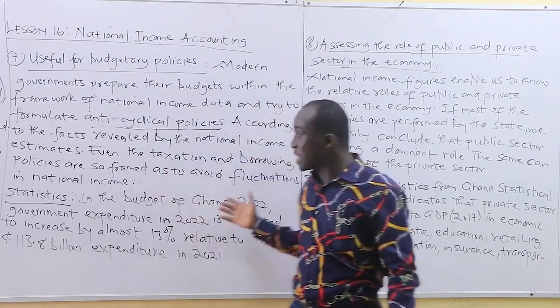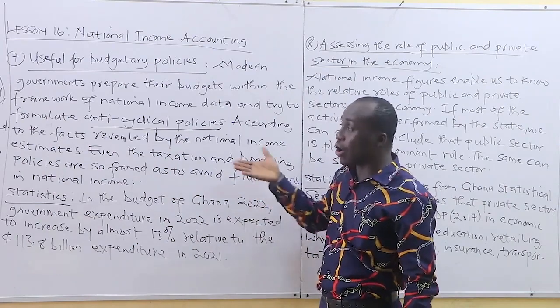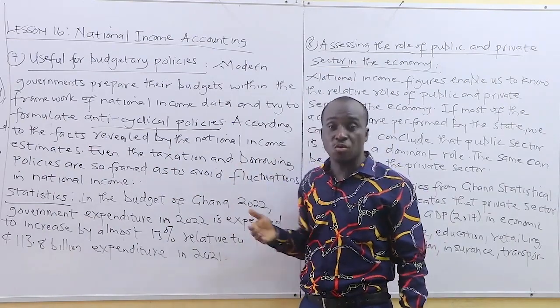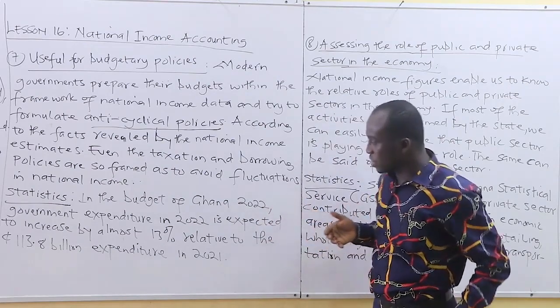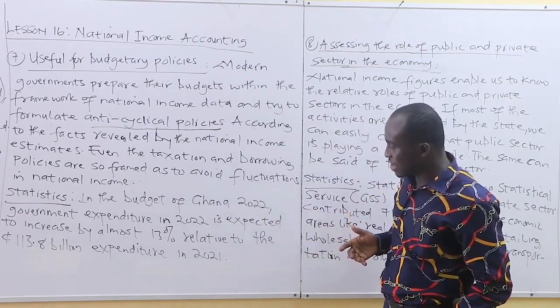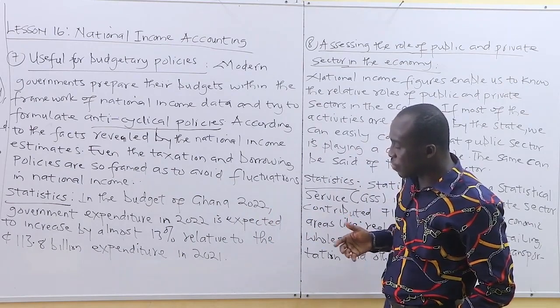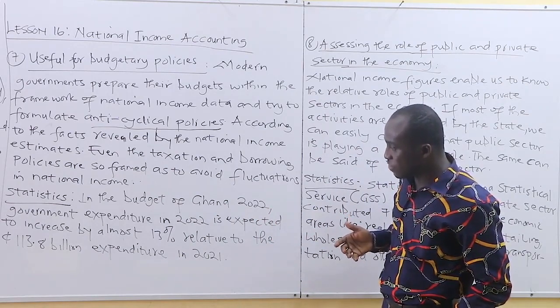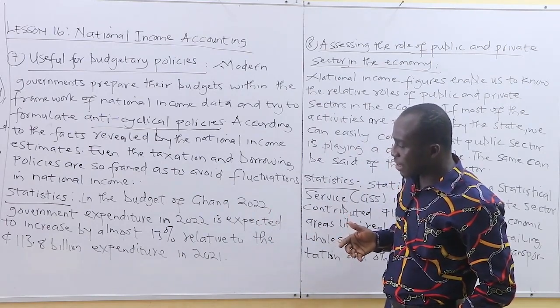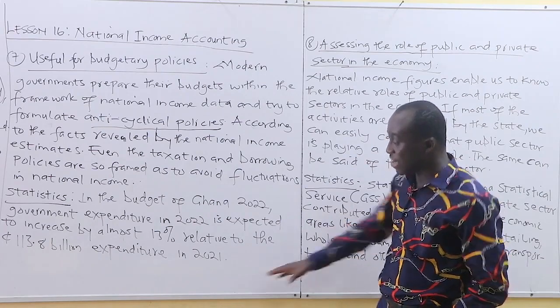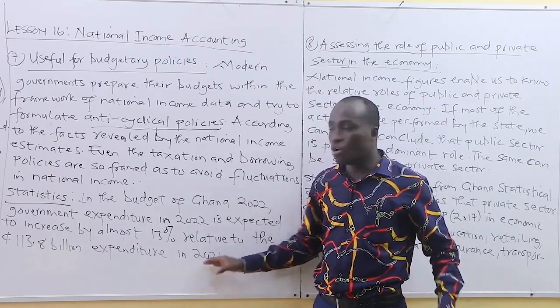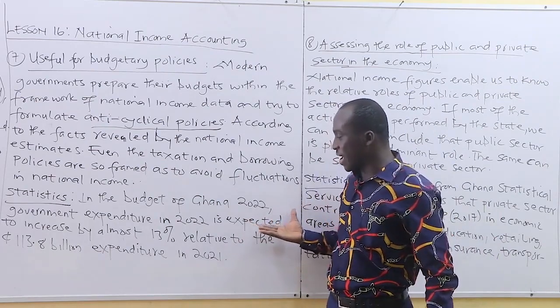So before government can do any of these things, it takes all these things into cognizance, or into consideration. Look at the statistics, for example, in the budget of Ghana 2022, government expenditure in 2022 is expected to increase by almost 13% relative to 113.8 billion expenditure in 2021.